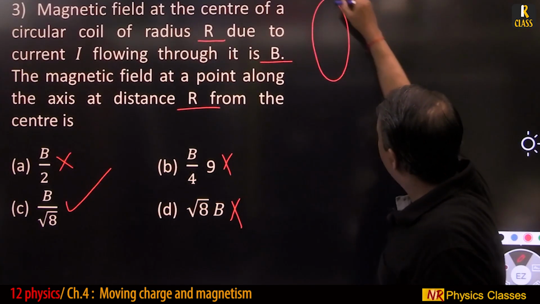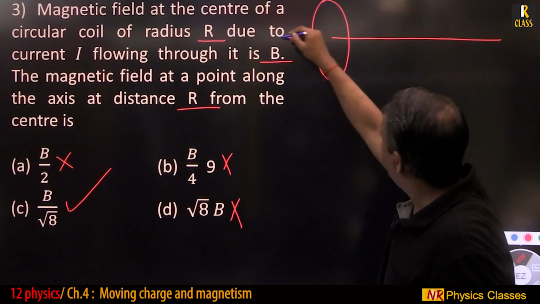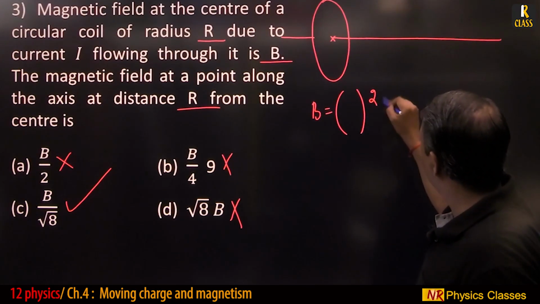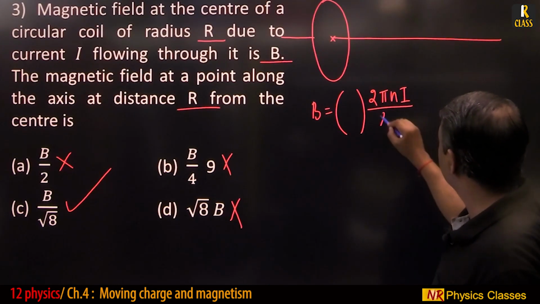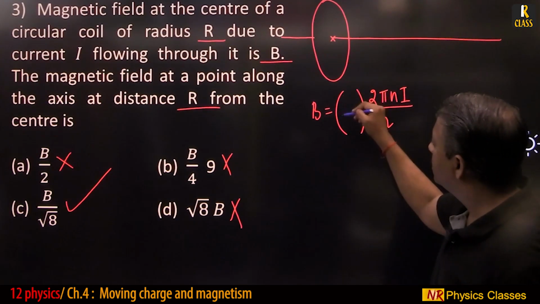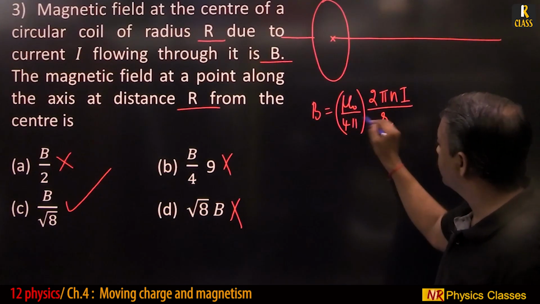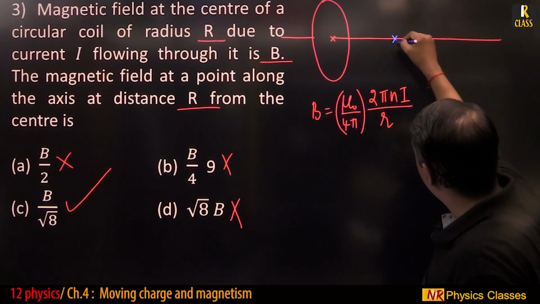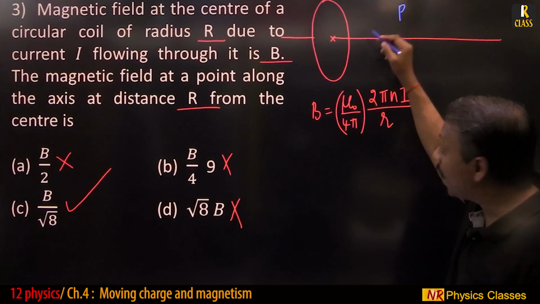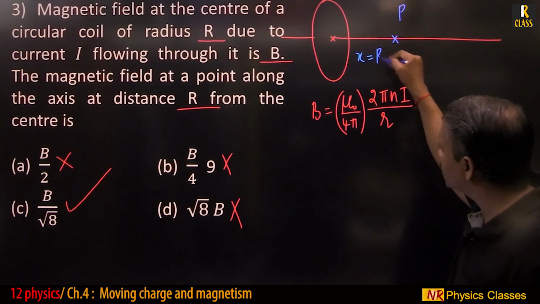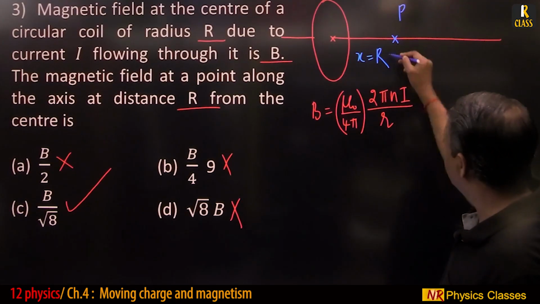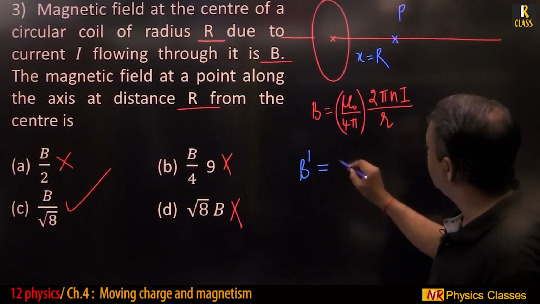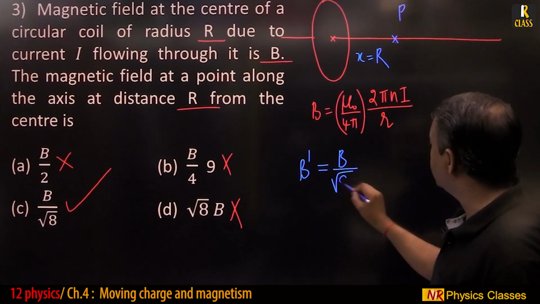This is a circular coil carrying current. Magnetic field at the center of the circular coil is constant 2 pi Ni by R. This constant is mu naught by 4 pi, so every time this is same. Don't worry. Now, magnetic field at some point on the axis at a distance equal to radius, B dash, compared to this is B by root 8.